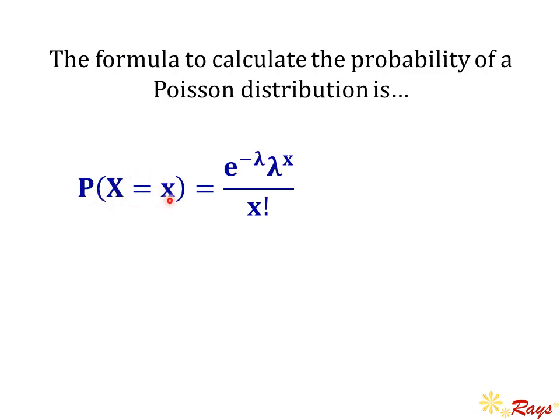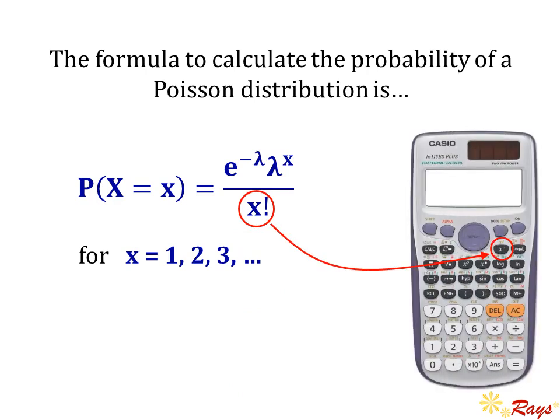Probability of any given number of occurrences is given by exponential e to the power of negative lambda multiplied by lambda to the power of x over x factorial, for x equals 0, 1, 2, 3 onwards until infinity. For those of you who don't know how to find x factorial, just look for this button, shift, and press it.